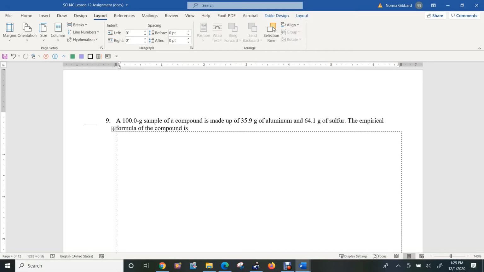The empirical formula of the compound is, so step number 1, list the given values. So we know we have aluminum, and we have 35.9 grams, and sulfur we have 64.1 grams.